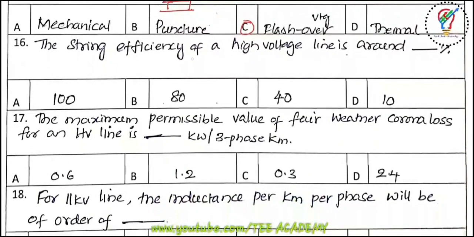The string efficiency of a high voltage line is around dash. The string efficiency of a high voltage line is around 80%. Okay, so string efficiency is 80%, right?